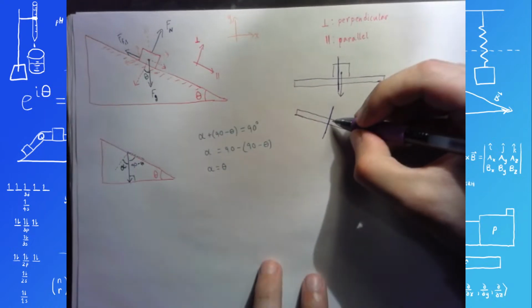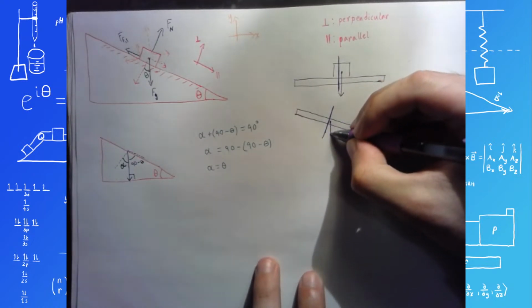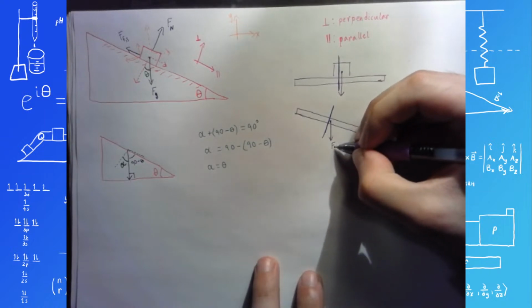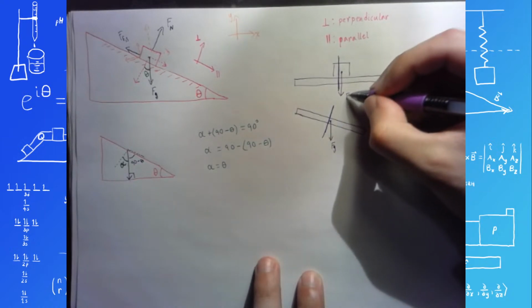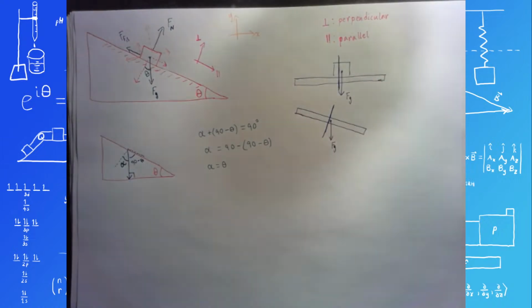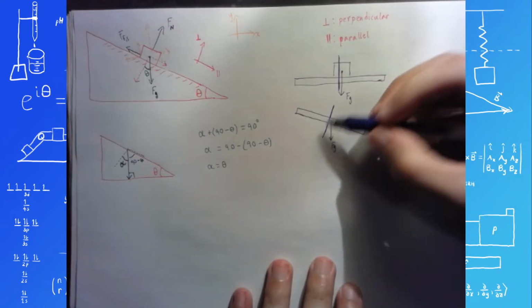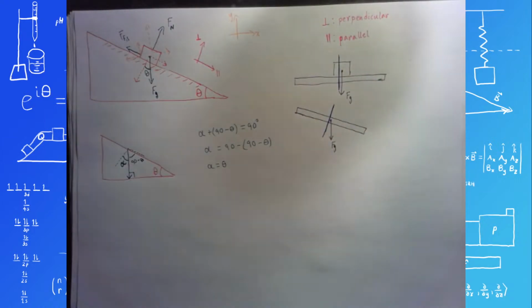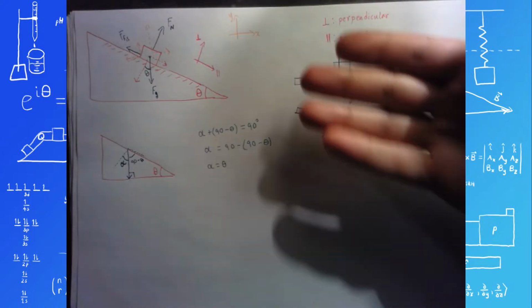Force of gravity continues to be straight down, but this perpendicular axis will have tilted by the exact same amount that you tilted the whole entire floor.